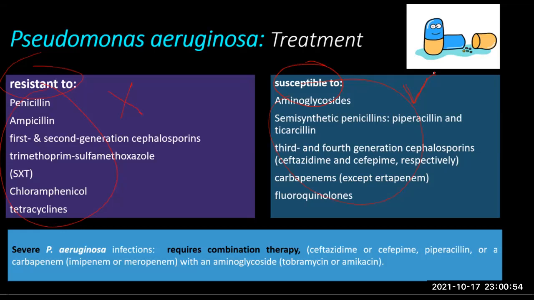And then we also have severe P. aeruginosa infections that need a combination therapy of the following. But if the infection is mild, then there's no need for a combination therapy. If it's getting severe, then that's the time that we need to have the combination therapy.